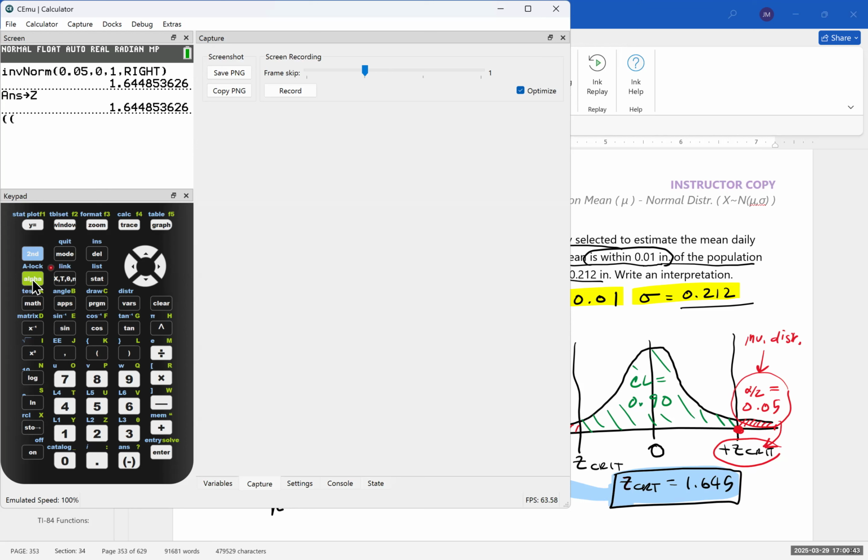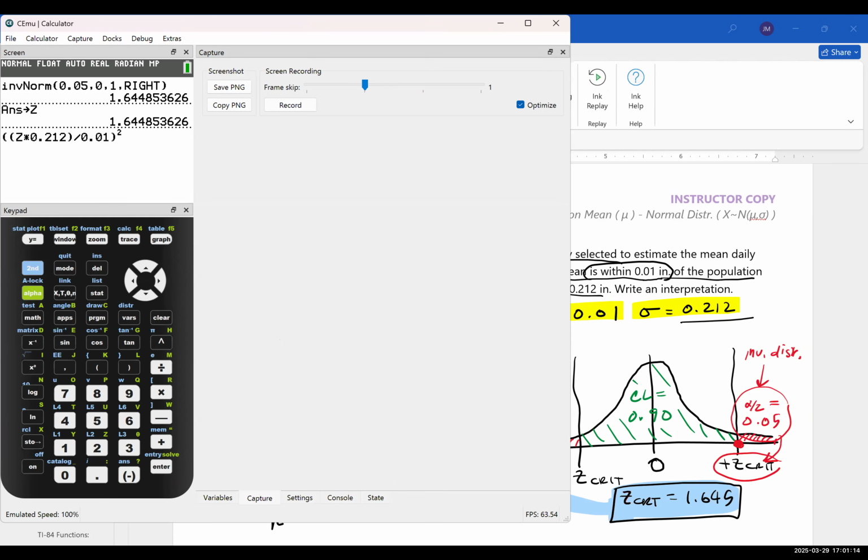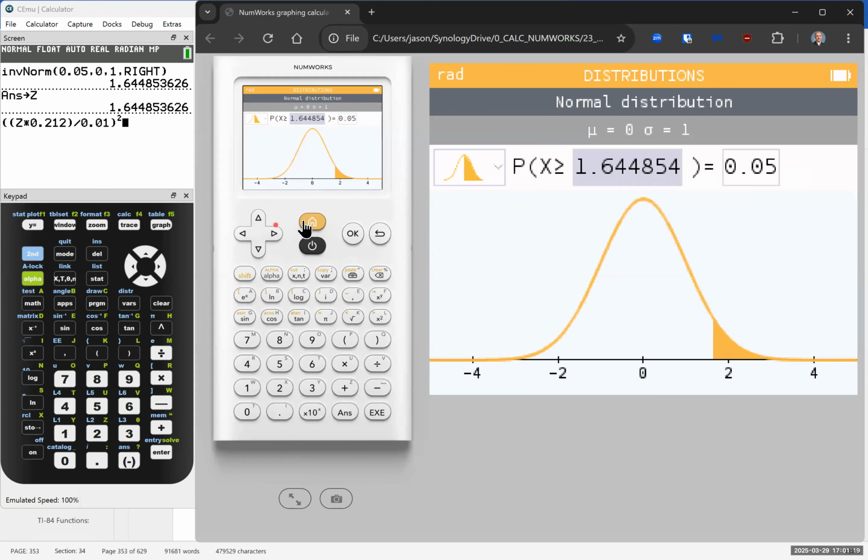And so that's going to be our z-score times sigma, which is 0.212, like that, parentheses, divided by the error, which was 0.01. Right parentheses. So that's the entire fraction. And now I want to square that.